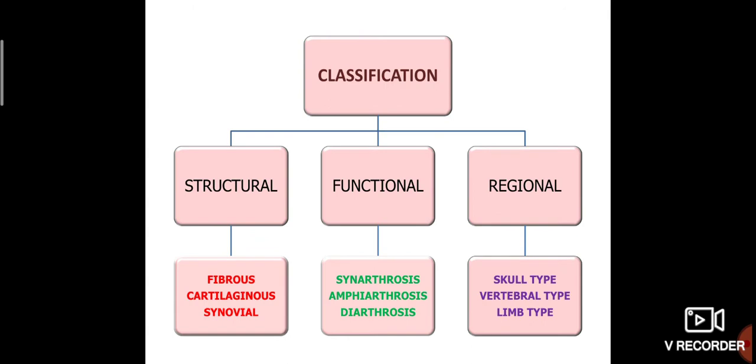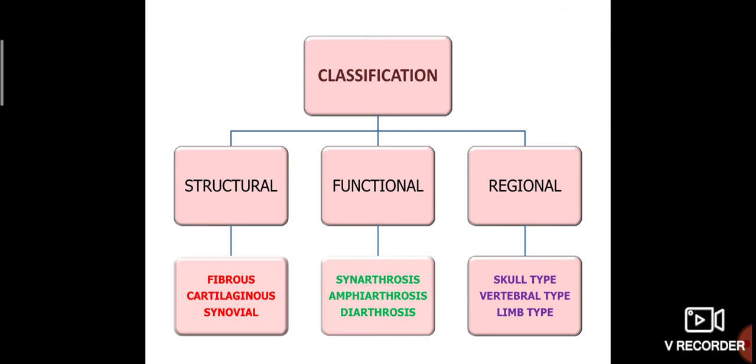Regarding its classification, we can divide the joints into three different types based on structure, function and region. Based on the structure, we know that while forming a joint, the two bones are connected by either a fibrous material or a cartilage.